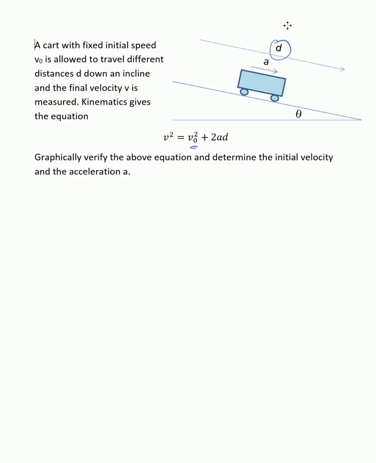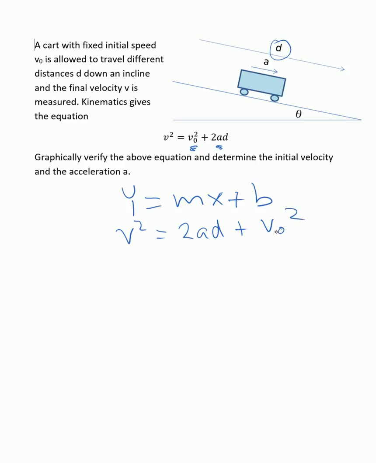So the initial velocity is a constant. The acceleration is a constant. Okay? v and d are our variables, but v is squared. We write down our equation of the straight line again, and we write our equation underneath. And as usual, the constant term I write at the end.